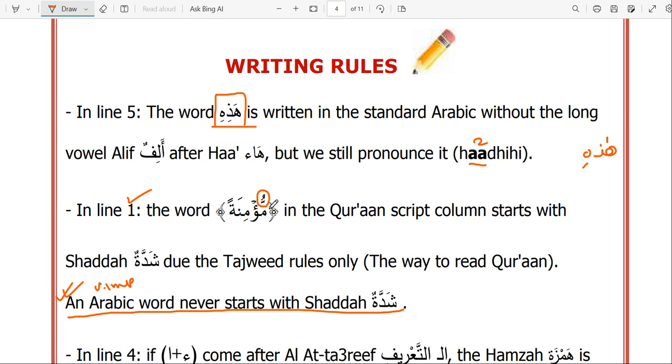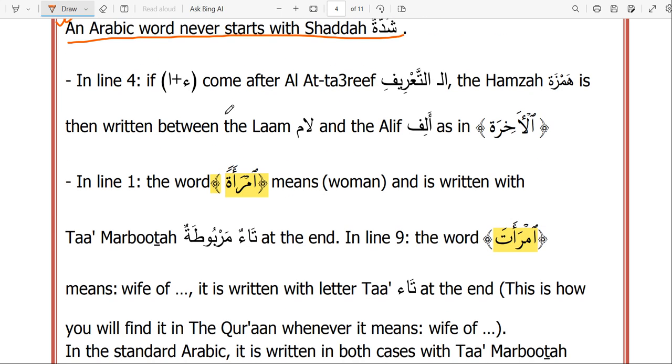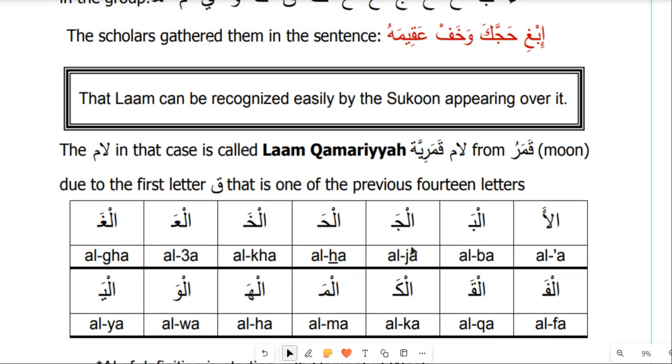And then we come to line number 4, Hamza and Alif. As we have one count here and one count here, it comes after laam taareef. Now there is something to be explained here, and I have already done it on my whiteboard. Let's go to my whiteboard. Now, as I discussed about the laam qamariya, the Hamza is from the Qamariya letters.